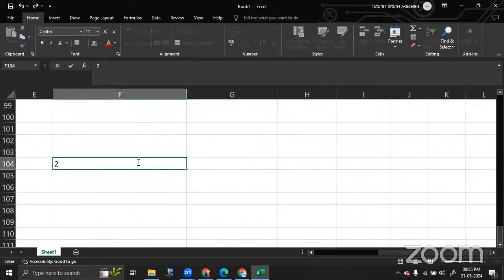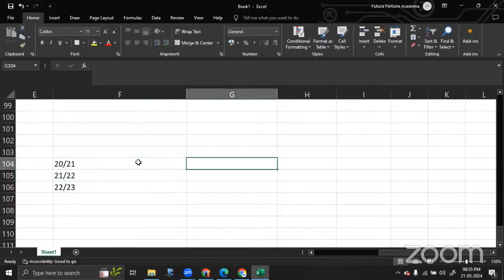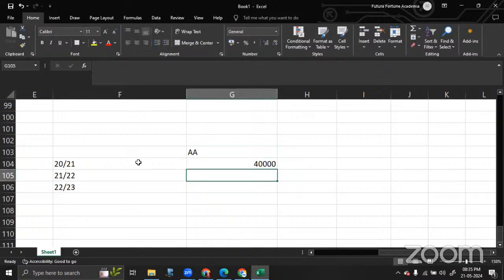For all the tax years 2020-21, 21-22, 22-23, we have to write down what was the available AA. In all these years, your adjusted income was below 240,000, which was given in the question, so your available AA is 40,000.